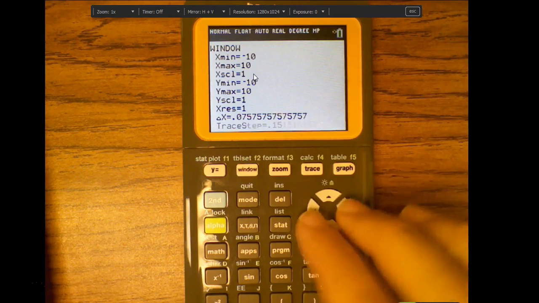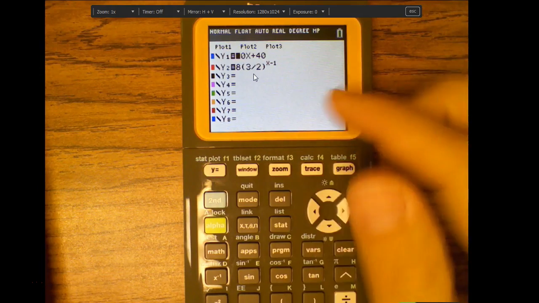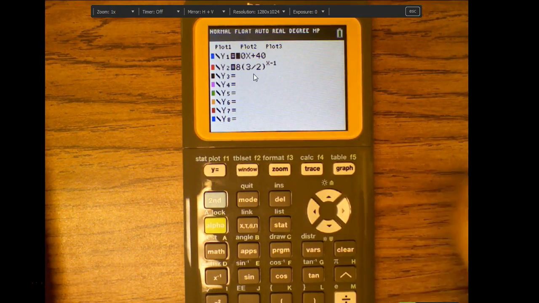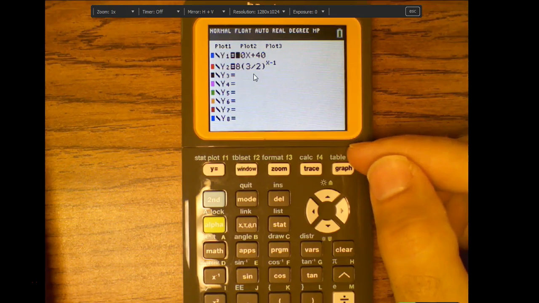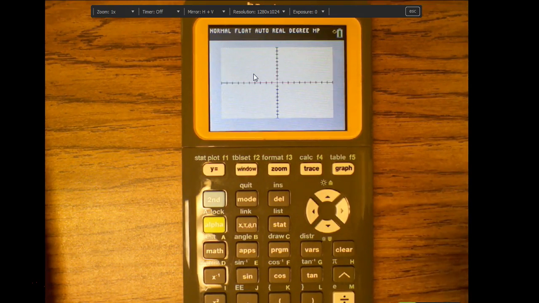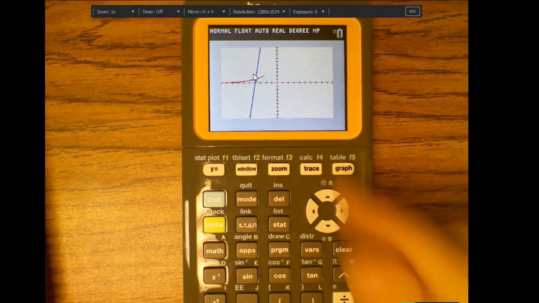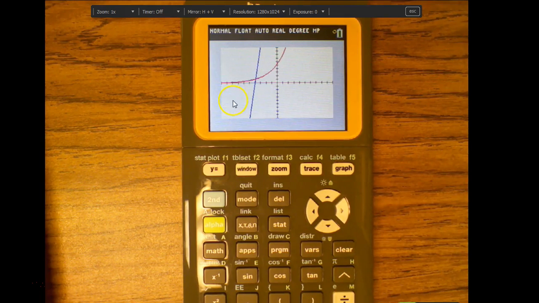But anyway, let me go to some normal settings here. Actually, for these settings, the window's not even going to matter because it's not the graph that we're going to look at, it's the table. So whenever you have those in, go ahead and hit graph. You do have to graph it first, but once it's been graphed, all we're going to look at is the table. So graphically, we can see where this is occurring.